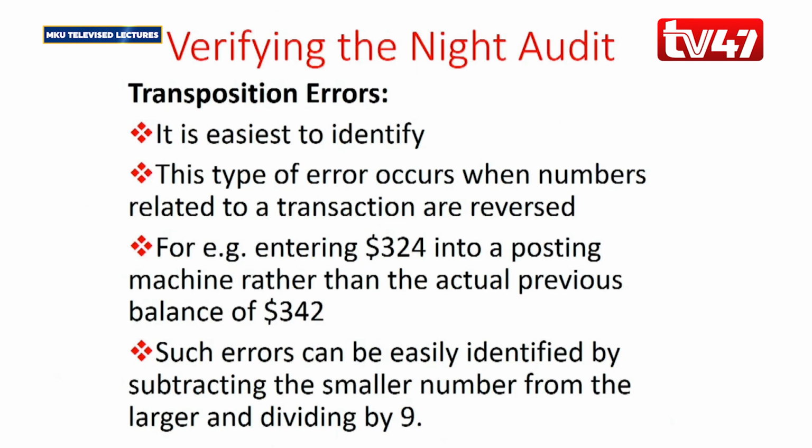You take the smaller number and subtract it from the larger number. In this case, if you deduct 324 from 342, you have 18. If the result is divisible completely by 9, then that indicates a transposition error.